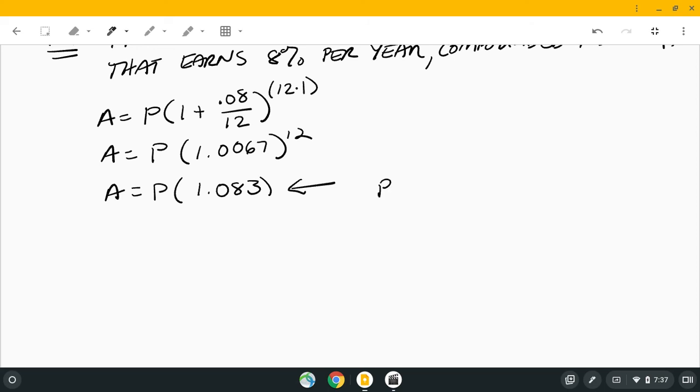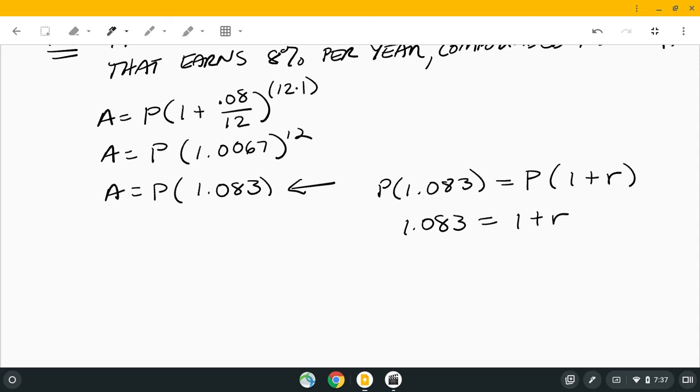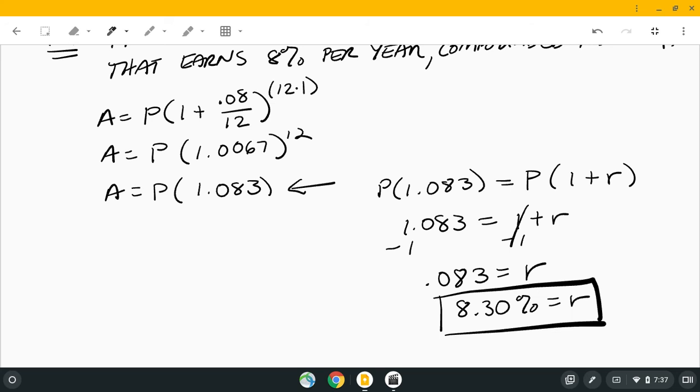So now P times 1.083 needs to be equal to P times 1 plus R. The P's cancel out. 1.083 should equal 1 plus R. Subtract 1 on both sides, and we get 0.083 should equal R. 0.083 is the same as 8.30%. So that's the rate that, if they want to do simple interest, they need to set it equal to. Okay.